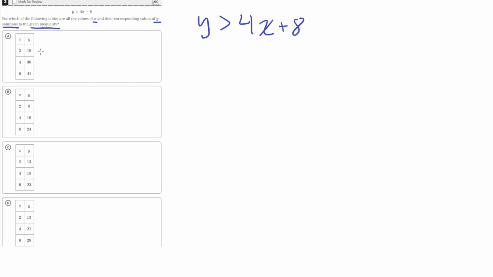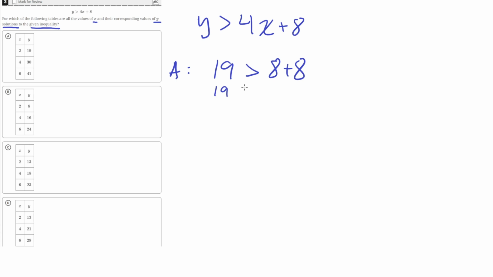So let's look at the first answer choice. It says that at an x value of 2, y equals 19. So if we plug that in, let's do answer choice A here. When y equals 19 and x is 2, we'll plug in 19 for y in this equation and 2 for x. 4 times 2 is 8, so we'll be left with 8 plus 8.